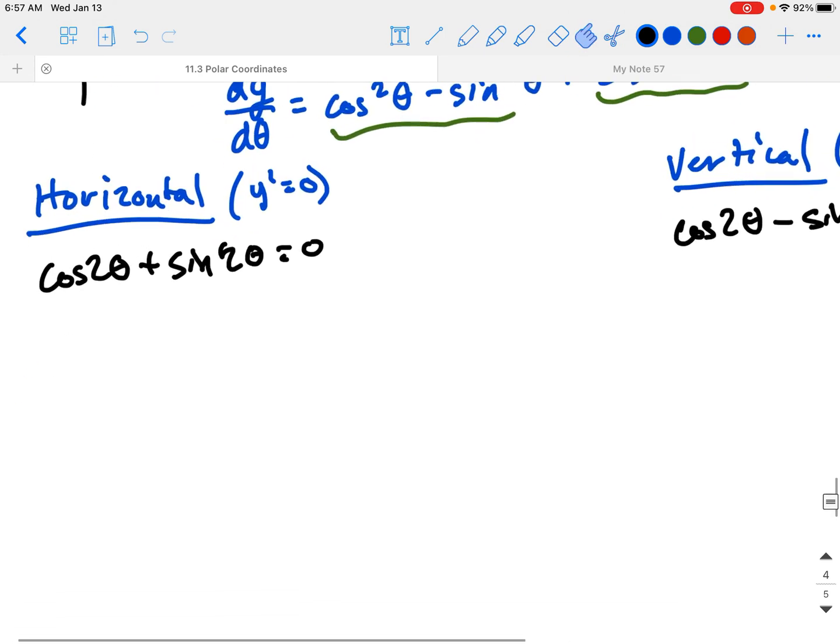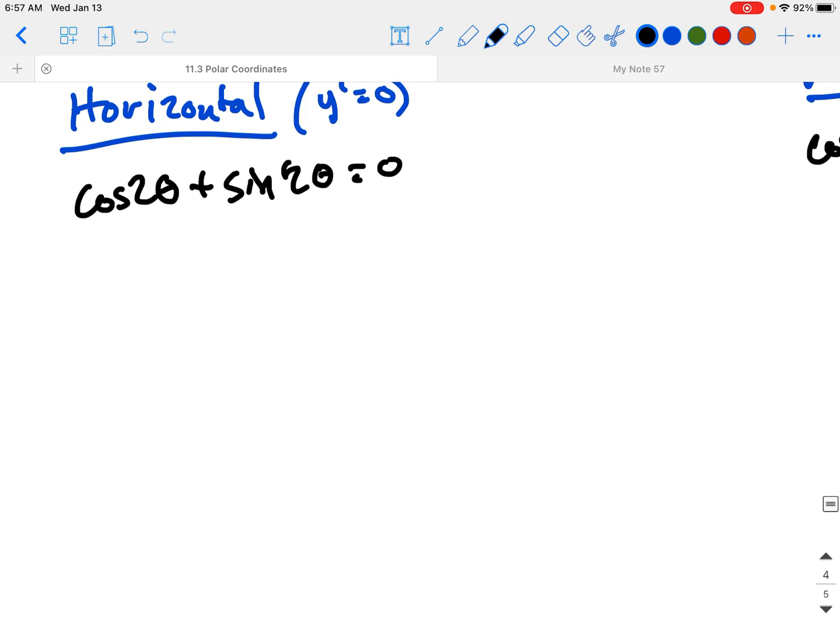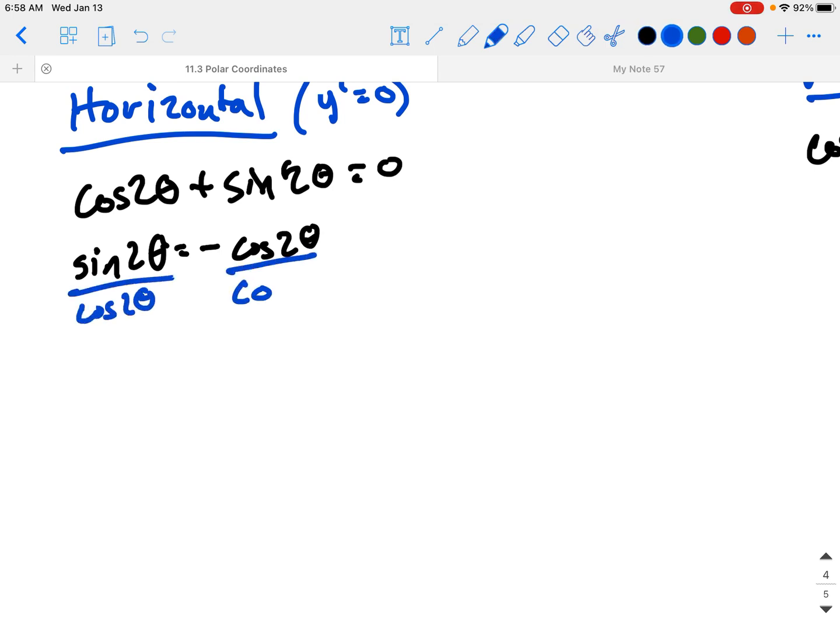All right, so let's go ahead and work these out. So for the horizontal case, we could think of this as sine 2 theta is equal to the opposite of cosine 2 theta, and then we could divide by cosine 2 theta. Because if we get tangent, that might be easier to work with, so that we only have one trig expression.